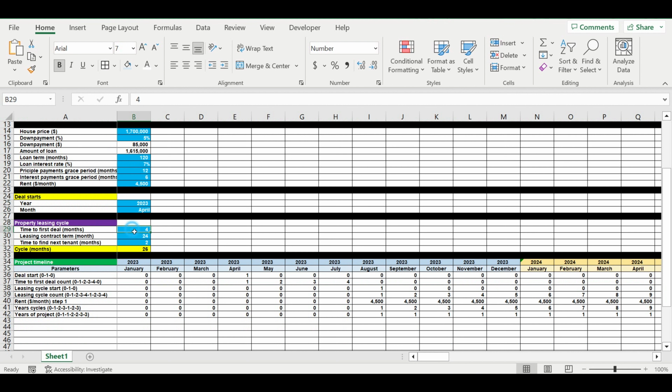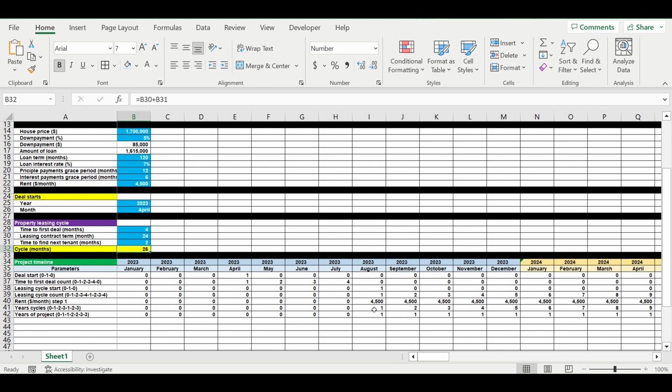Then we described how many months we're looking for the first tenant. Then we specified the term for the leasing contract. And then when the tenant goes away, we need, for example, 2 months to find a new tenant. And this gives us 26 months of the, let's say, real estate cycle.